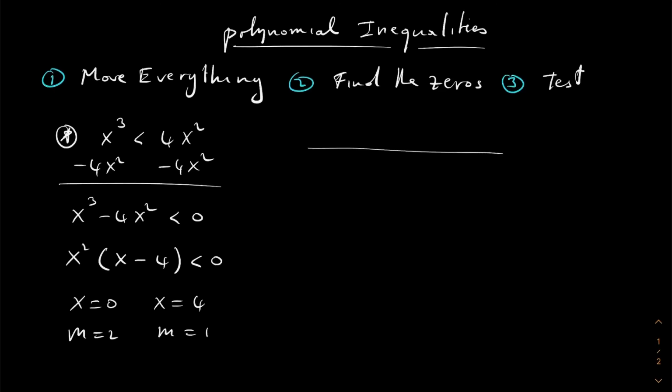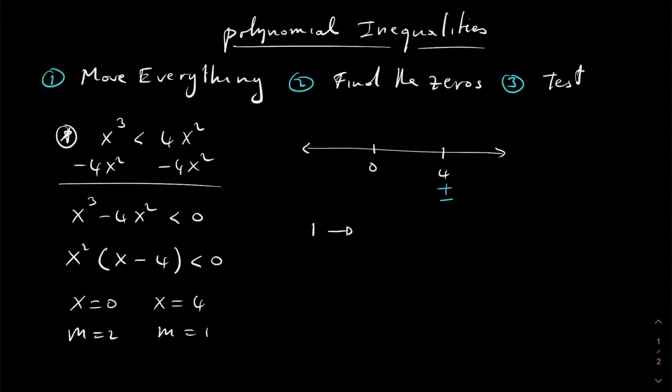As I put them on my number line here, I'm going to put 0 here, and I'm going to put 4 here. And I know that my sign is going to change when I go past 4, but it's going to stay the same when I go past 0. And so I can go ahead here and pick a test point. That's going to be 1 for me. I'm going to plug 1 into my inequality on top here.